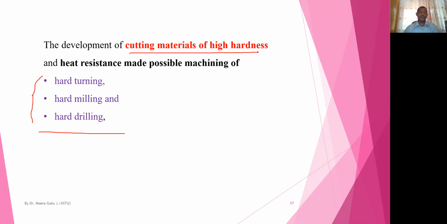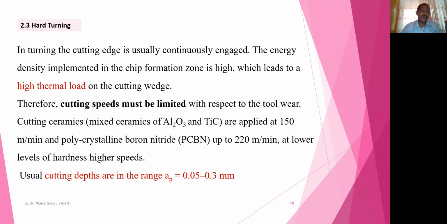You can machine with hard turning, hard milling, and hard drilling processes. We will see one by one what is hard turning.